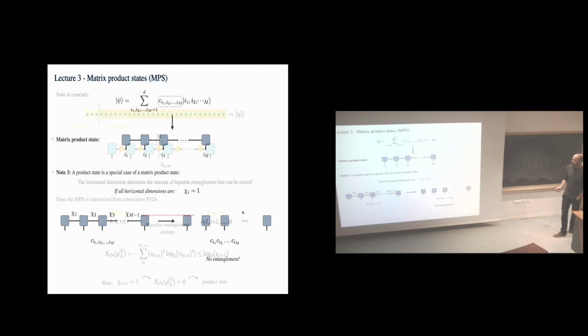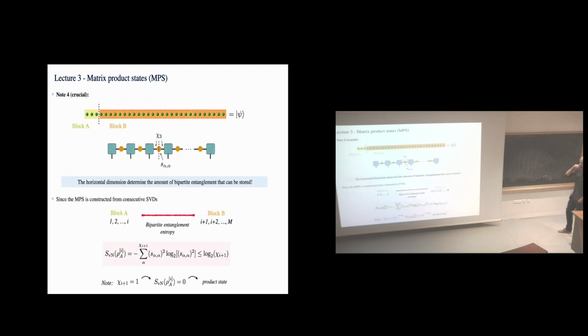Good. And so you probably already guessed by now, but the key thing is the question of how large my local dimension between those things is. So how many numbers I need on this index here is going to tell me how much bipartite entanglement I can have in my full many-body state.